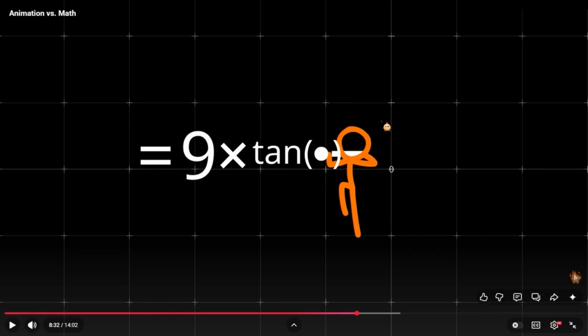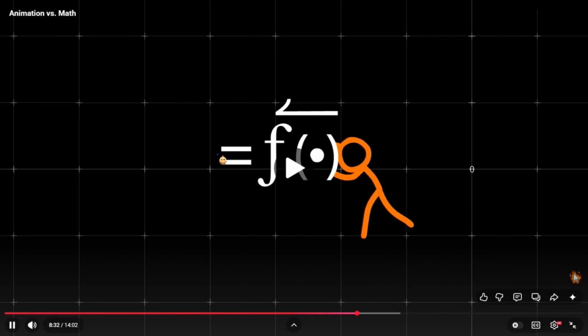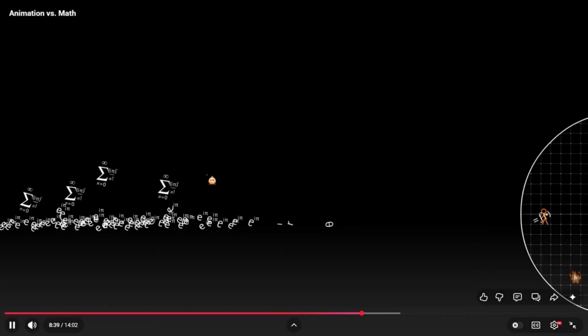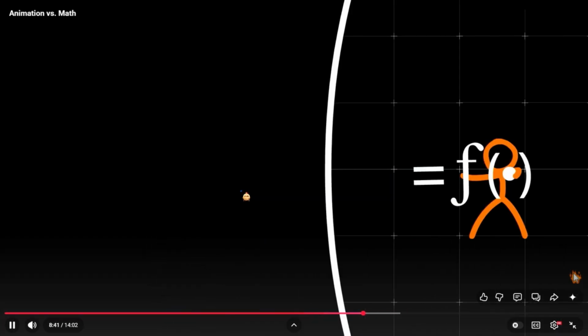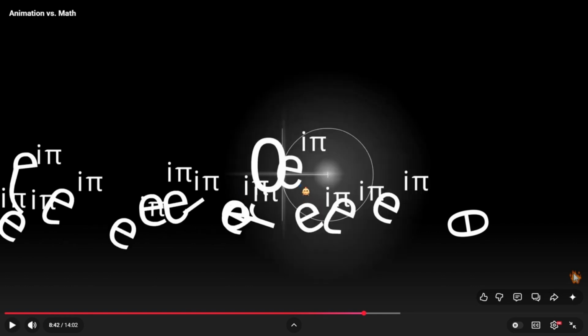So maybe this thing is, I don't know. But I think it's 9 times something, and then this thing, tangent, times e^(i pi) becomes 0. So 9 times 0 equals 0, so that's why. That's why when they come, he would just boom, hit it.